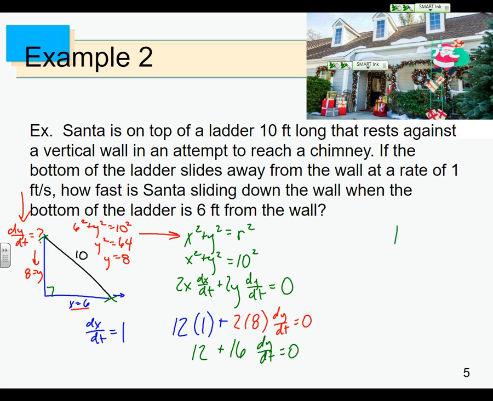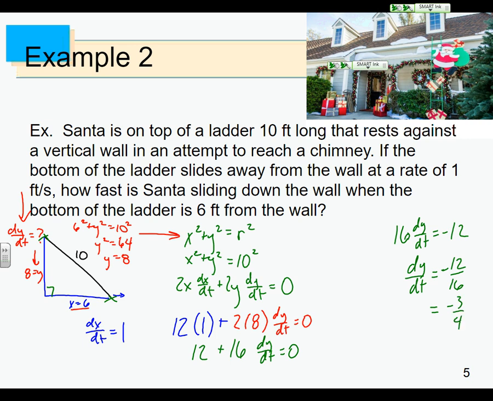So if I subtract 12 from both sides, and then divide both sides by 16, that'd be negative 12 over 16, divide out a 4, negative 3/4.